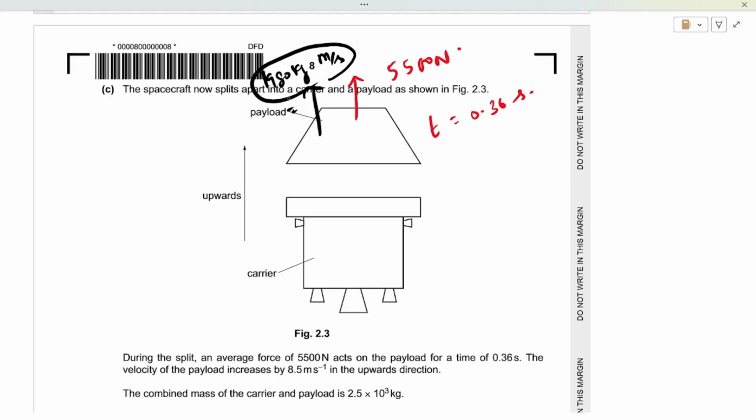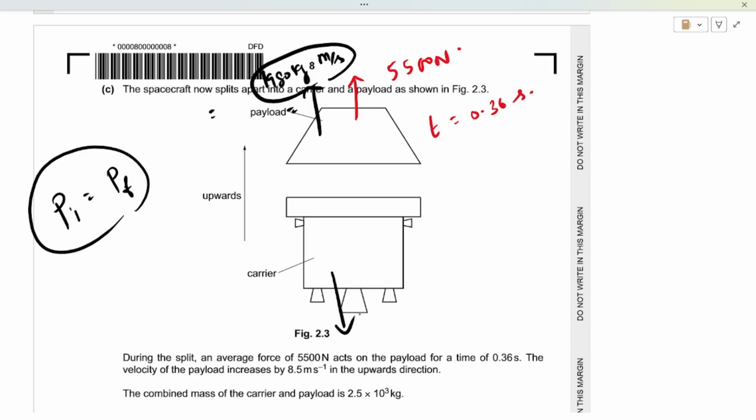So definitely, according to the principle of conservation of momentum, the initial momentum will always be equal to the final momentum. So if you subtract these two, this will become zero. Then if the payload's change in momentum in the upward direction is 1980 kilogram meter per second, then the same momentum is going to act downwards.